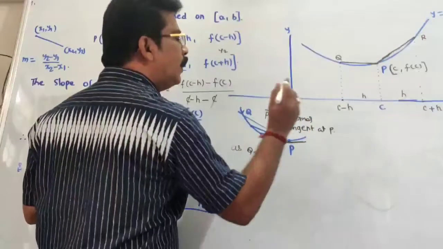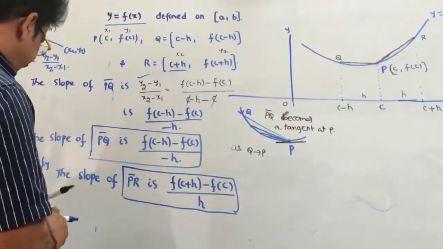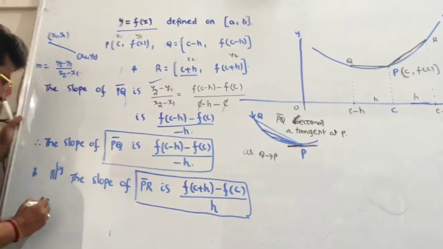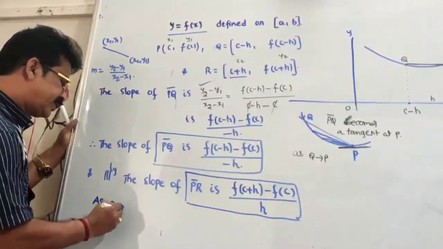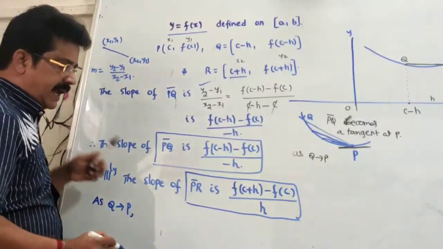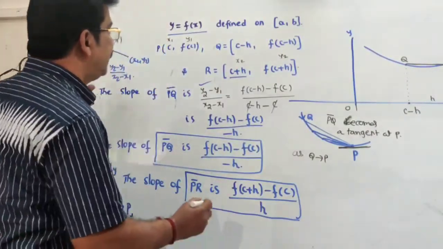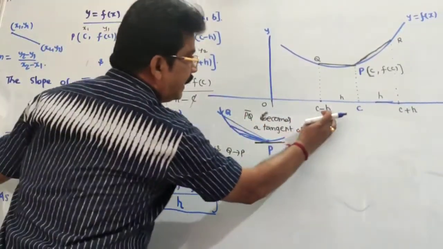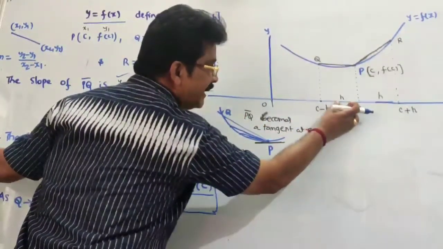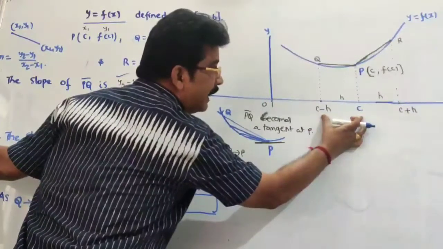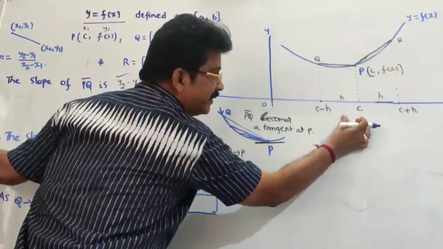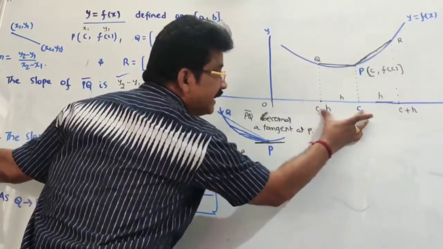So therefore, look at the board. As Q tends to P, it means this distance h becomes 0. As Q tends to P, c minus h becomes c.